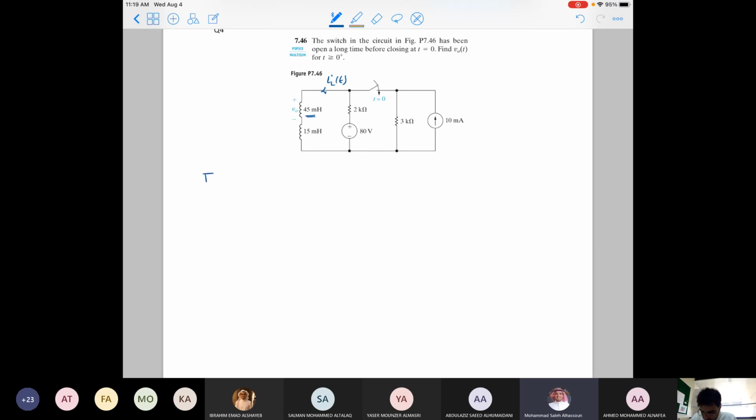And let me just write. For t less than 0, the switch was open. The inductors behave like a short circuit, so you will end up with the following circuit.